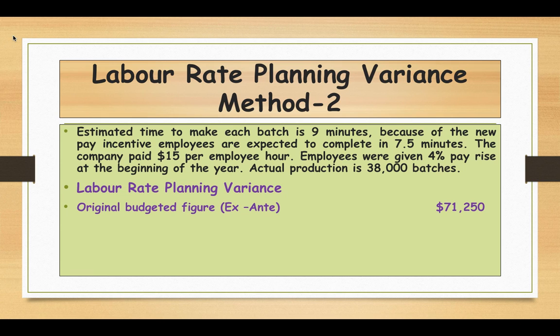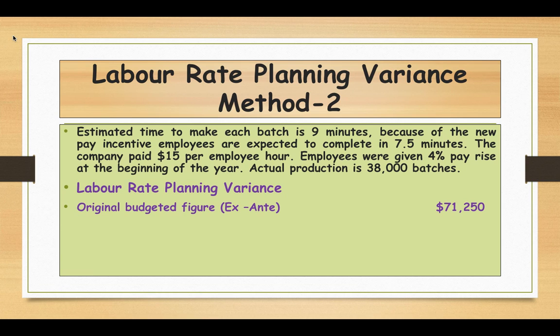Okay, so this is the rate variance, labor rate planning variance. Original budgeted figure, this is our ex ante figure, 38,000 batches, 7.5 minutes, this is our revised time. We need to convert that into hours, so divided by 60, times it by $15.